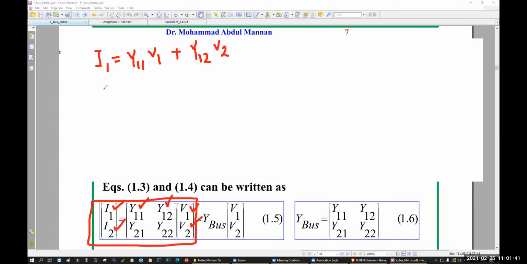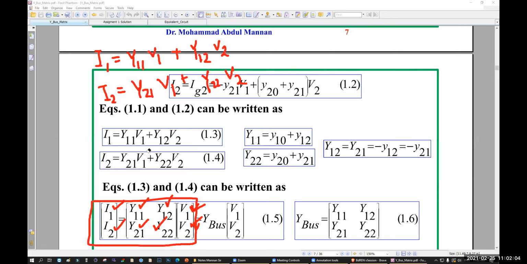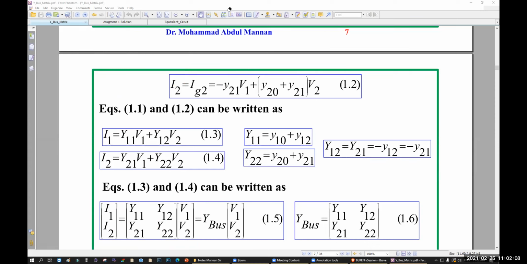Next term, Y21 into V1 plus Y22 into V2. You can see this is a multiplication of the matrix, and these two equations are completely equal to the previous equations. So these two equations are written in the form of a matrix.